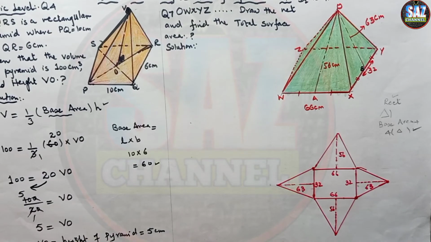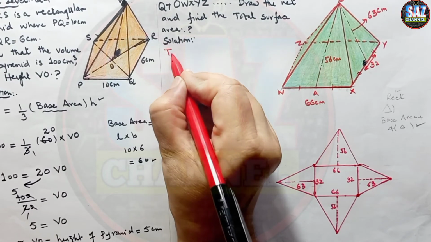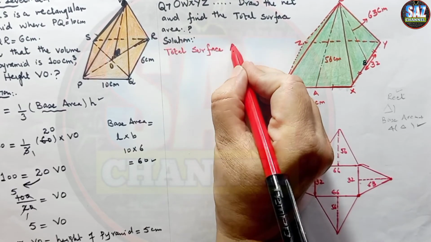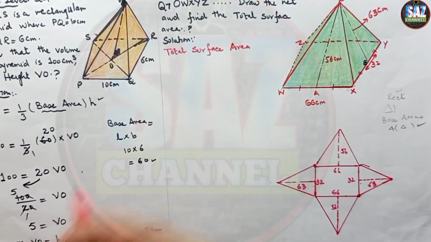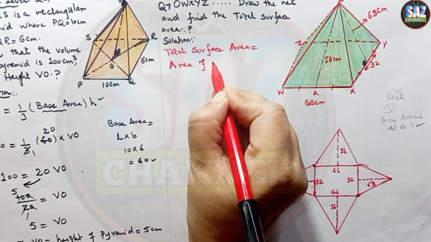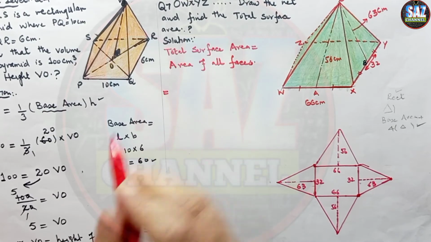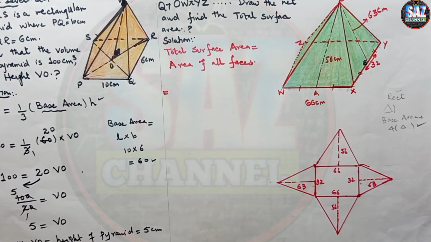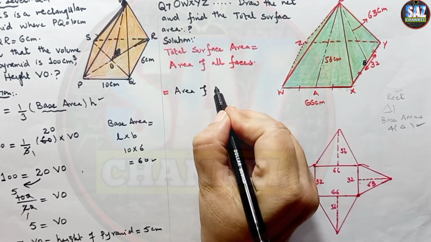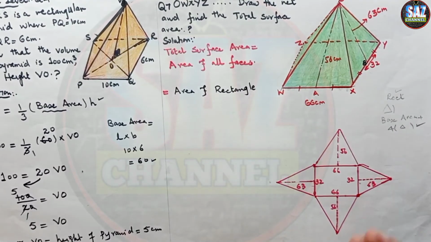Okay, now we have to go for the calculation of total surface area. Total surface area equals area of all faces, which is equal to area of rectangle plus area of rectangle which is in the base, plus, now try to understand from the diagram as well.